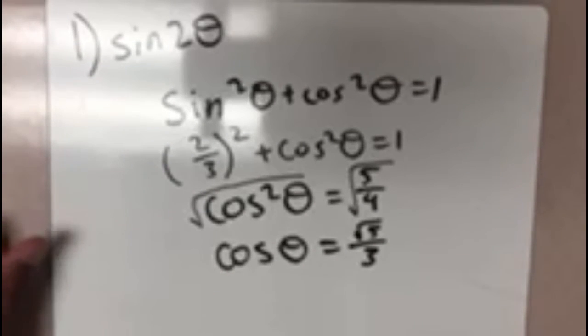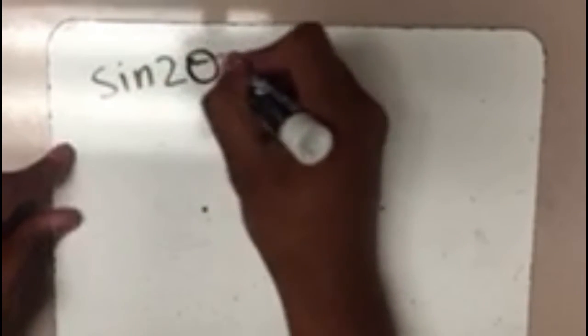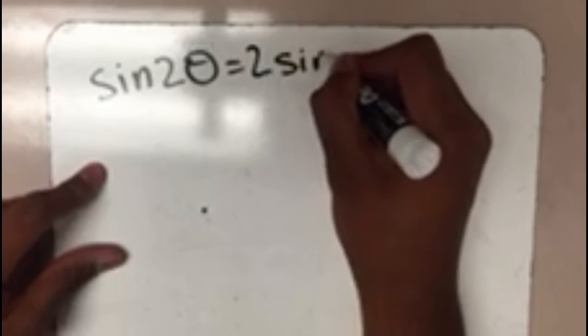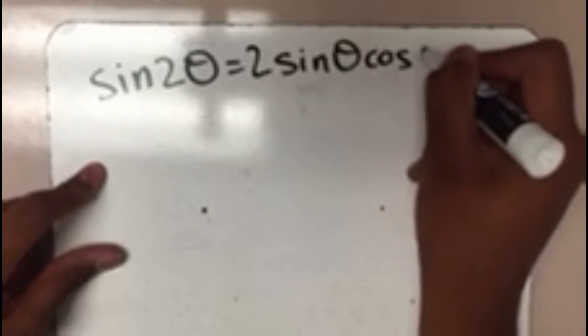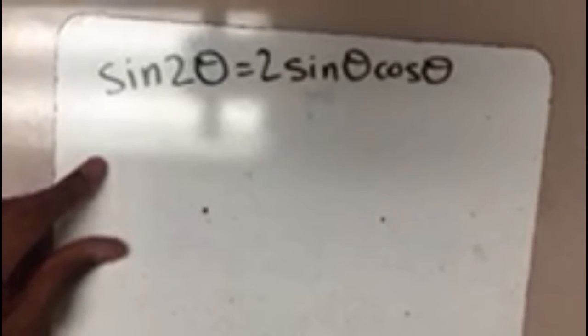And now you have to find sine 2 theta. So use the double angle identity for sine, which is sine 2 theta equals 2 sine theta cosine theta.